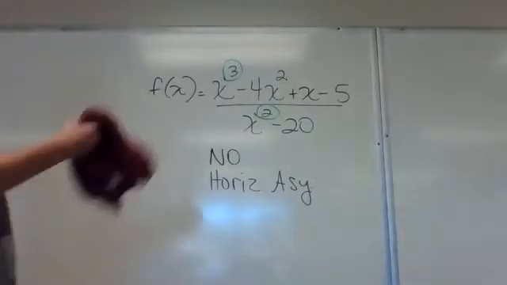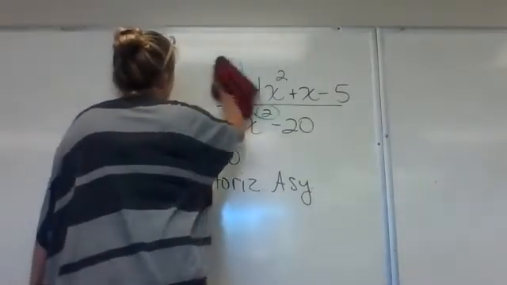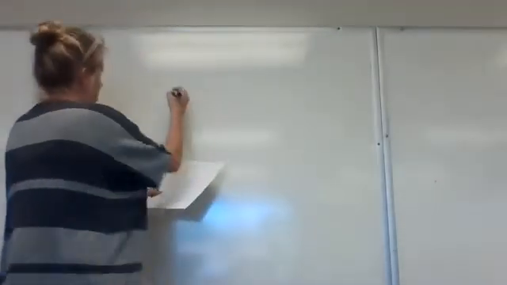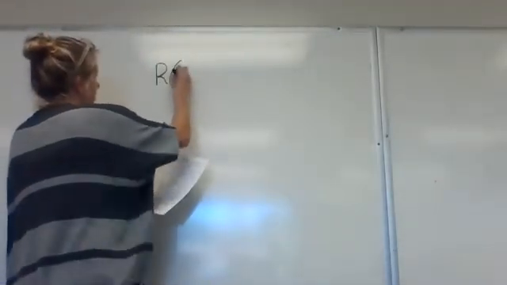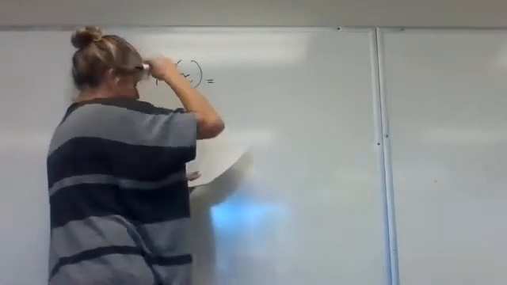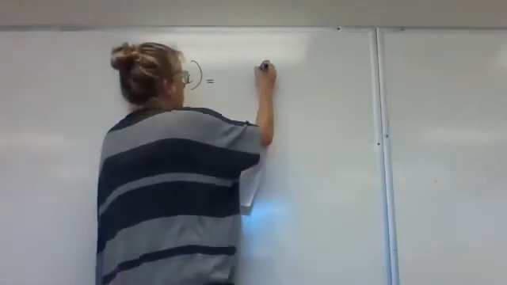All right, jumping back to number 3. Number 3 says R of x equals 3 over x squared minus 49.